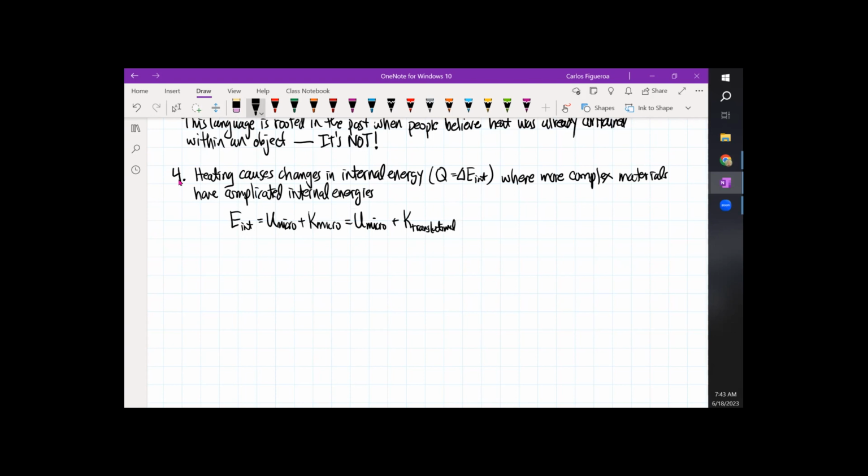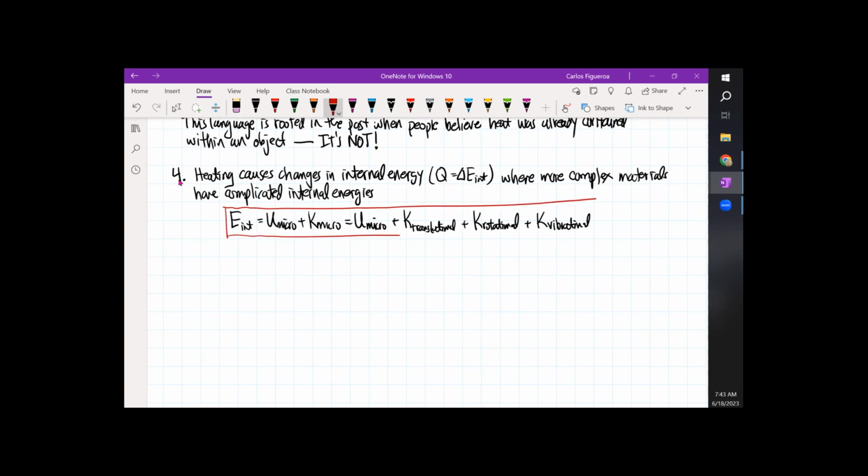That's 1/2 mv squared. And then I'm going to have K rotational. That's 1/2 I omega squared. And then I could have even K vibrational, which is 1/2 K x squared. So the terms become more complicated.